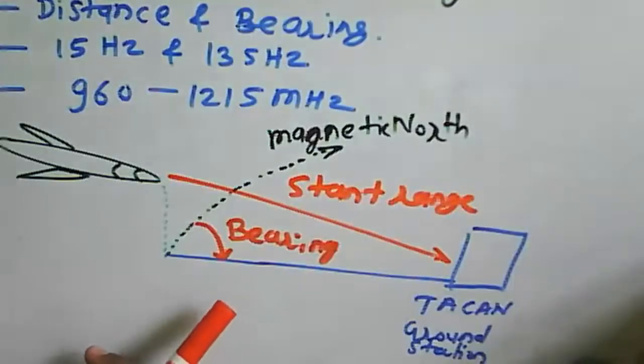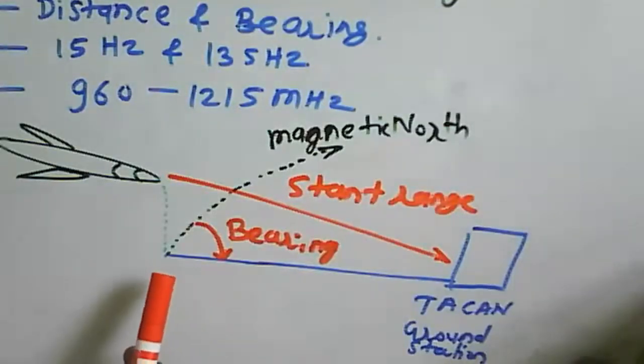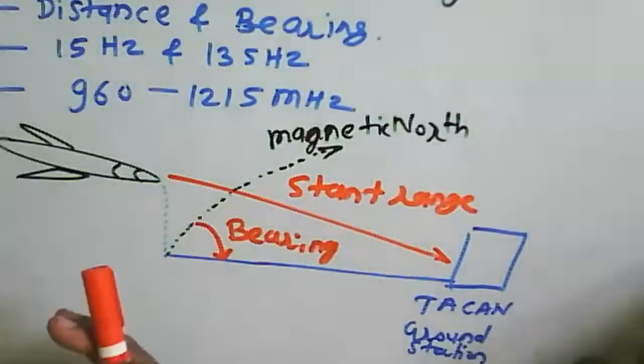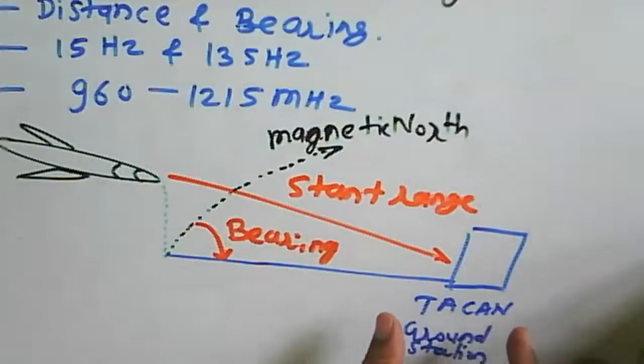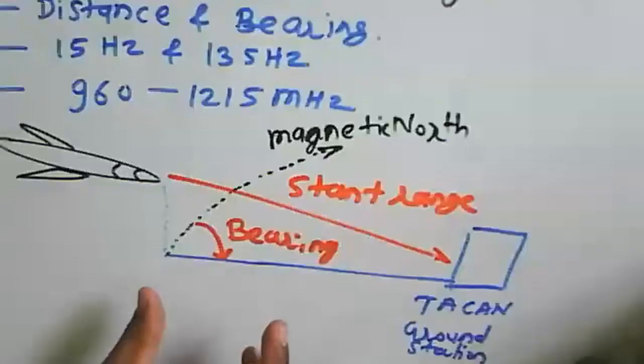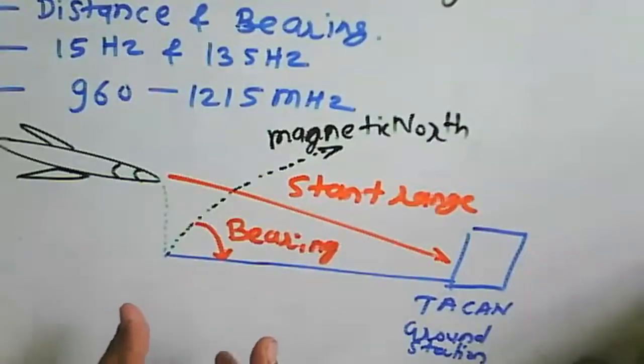So we can say it is the magnetic bearing of the aircraft with respect to the TACAN ground system. The range and bearing data are used to update and increase the accuracy of the navigation of a military aircraft.